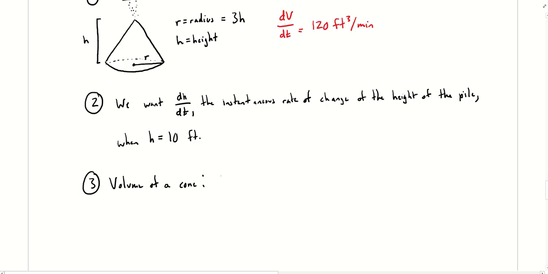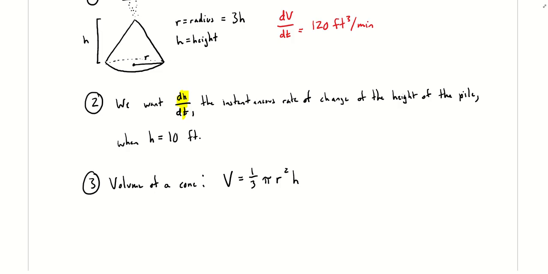So the volume of a cone, V, can be expressed as 1/3 times pi times radius squared times height. So this is the quantity that we're interested in as far as getting to the thing that we want. We want this dH/dt eventually.